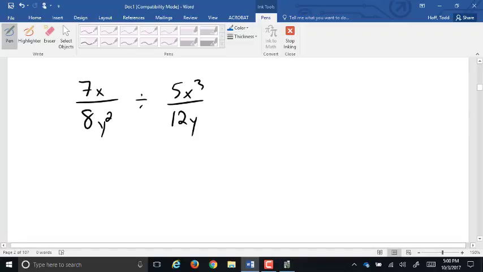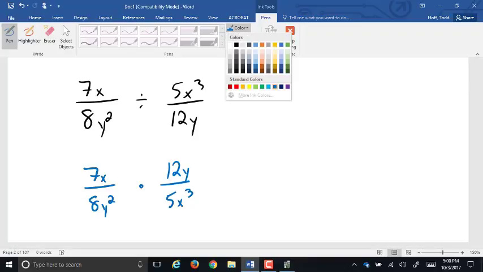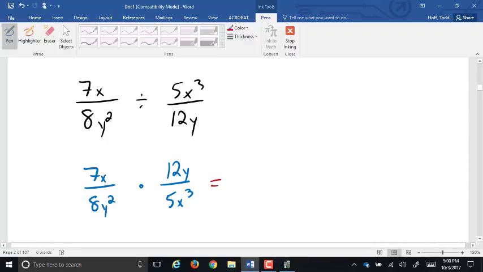Because when we divide fractions, all we're going to do is turn it into multiplication by the reciprocal. So the 7x over 8y squared does not change. It becomes times the reciprocal, which is 12y over 5x to the 3rd. And now it's just a multiplication problem.